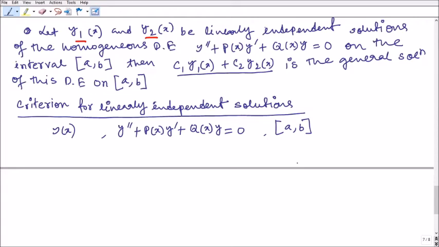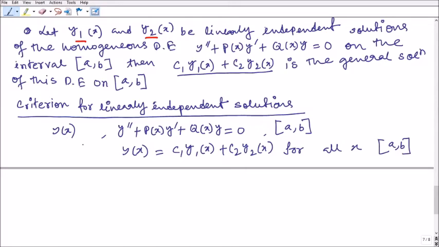So if y of x is any solution of this homogeneous differential equation on a closed interval ab, then we can find the values of c1 and c2 such that y of x can be written as y of x is equal to c1 y1 of x plus c2 y2 of x, for all values of x on the interval a comma b.